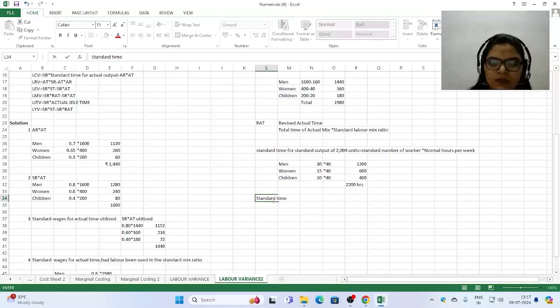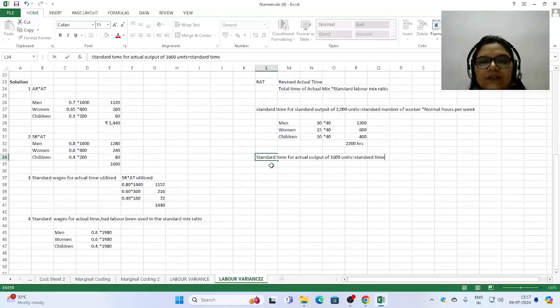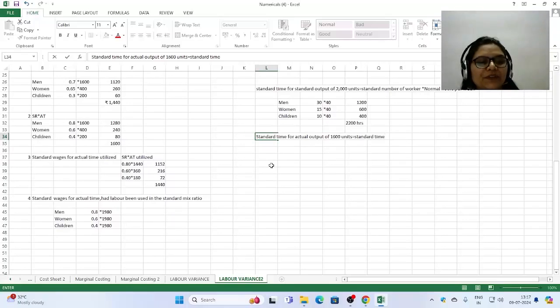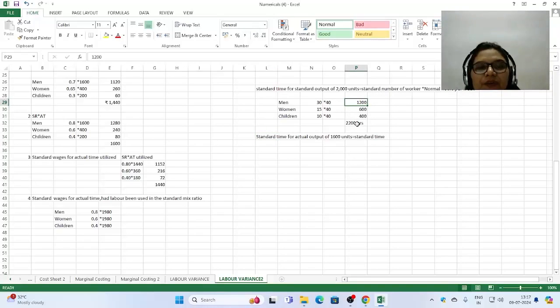Standard time for actual output of 1600 units is equal to standard time. I think we have been distracted somewhere. No problem. Actually, we were calculating standard mix ratio. We know 1200 and 2200 hours. So we will take the ratio of both these figures.